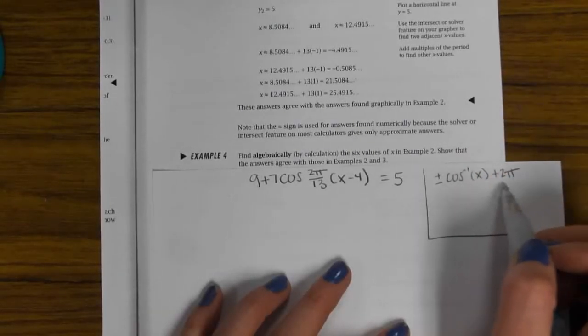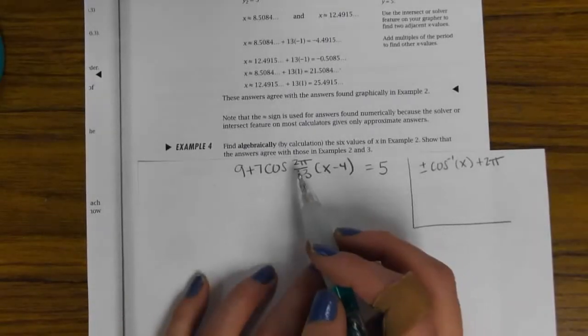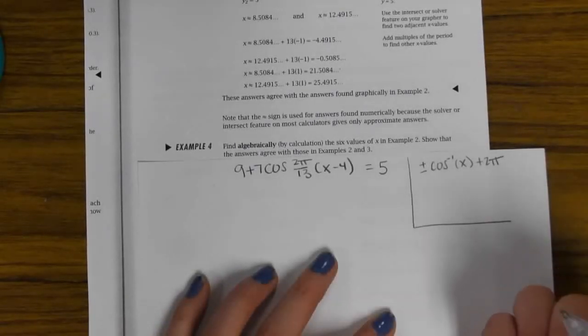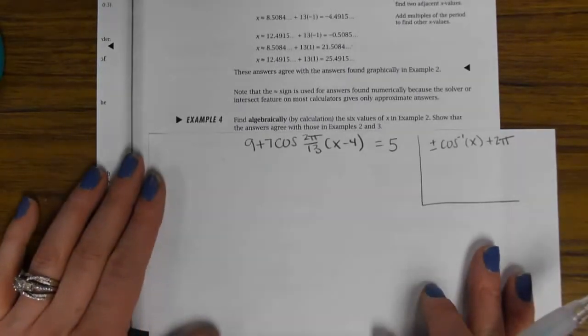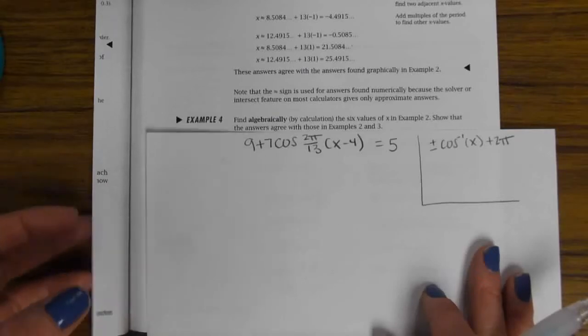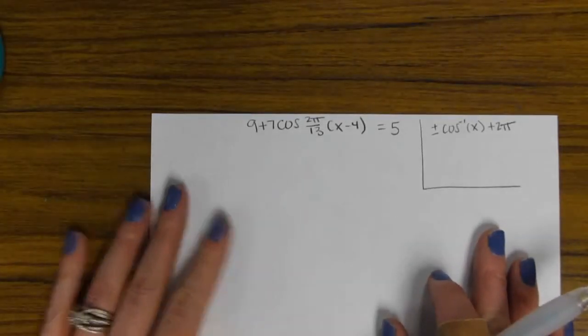And that's when 2 pi is your period. And so if we have a different period, like in the case of this one, that's going to come into play. So we are going to work through this together, and even I struggle once in a while with this. So if you're struggling, that's okay. It's just going to take a lot of practice.